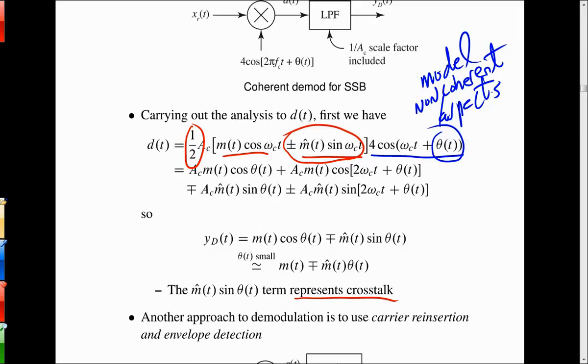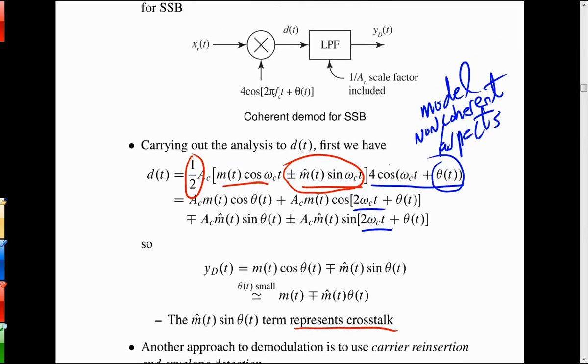So multiply that out. We get double frequency terms, and then we get the difference terms. So we get sum and difference terms. Some terms here and here. What's going to happen with those terms based on previous experience? Where do those terms go to? The filter takes care of them. The filter takes them away.